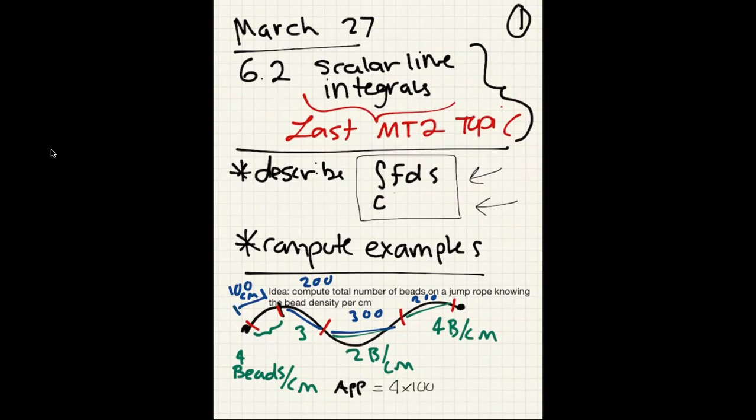That's 4 beads per centimeter times 100 centimeters. I can keep adding. For the second segment, I've got 3 times 200, plus 2 times 300, plus 4 times 200. This is a good rough approximation of the total number of beads.